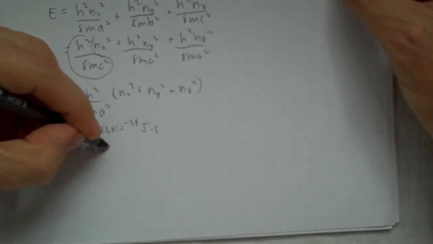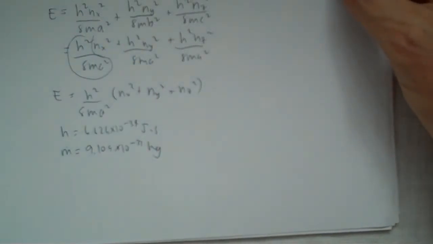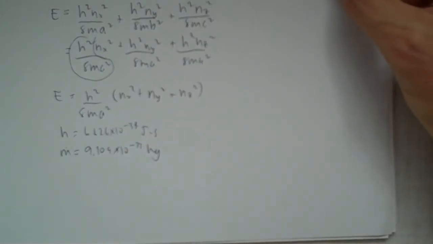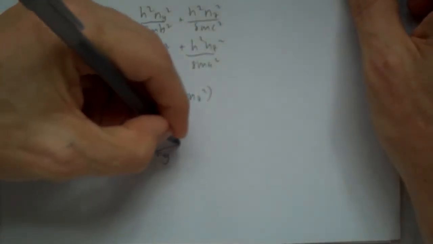I was going to say 9.109 times 10 to the negative 31 kilograms, because that's the mass we're typically used to using. Hopefully someone's watching this video and going, no, wrong, that's not the mass, because we're talking about an H2 particle. I didn't write that down, H2. So what is the mass of an H2 particle?